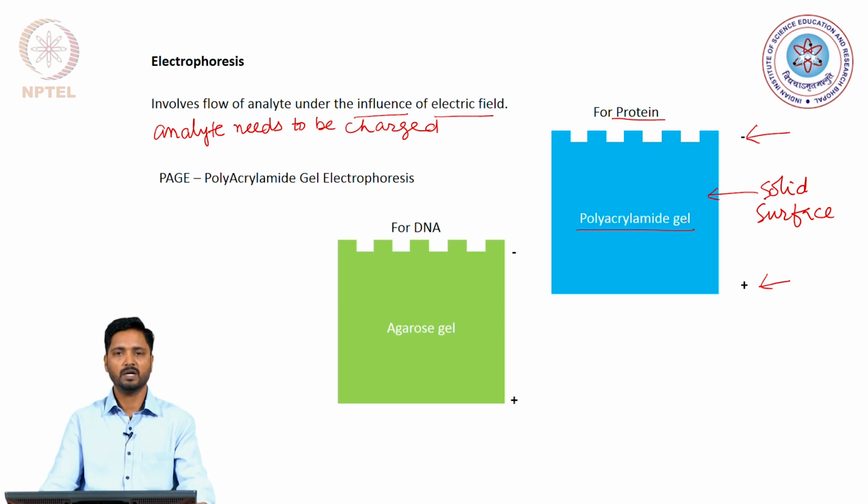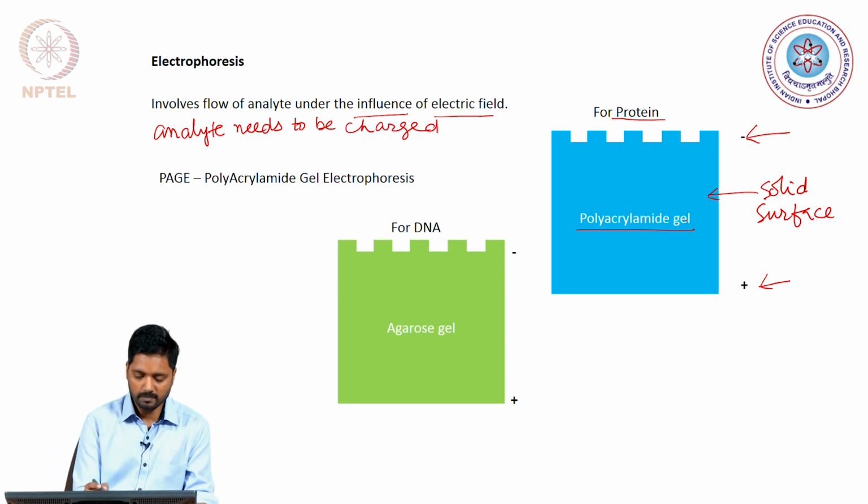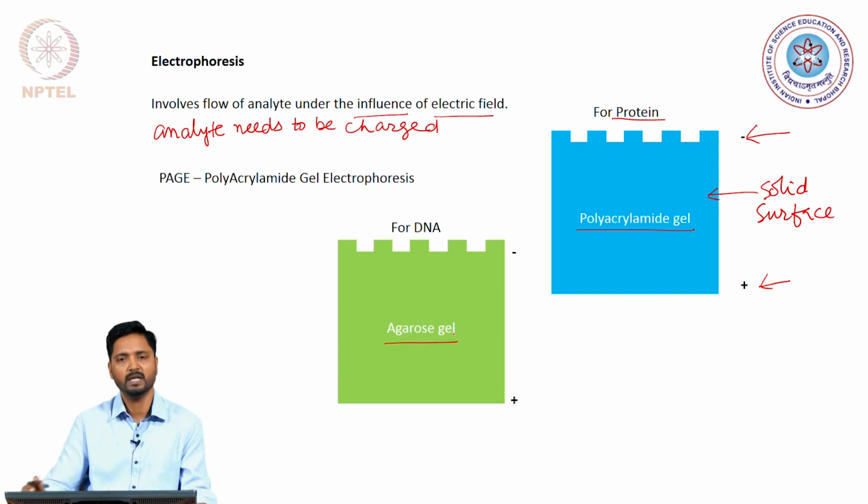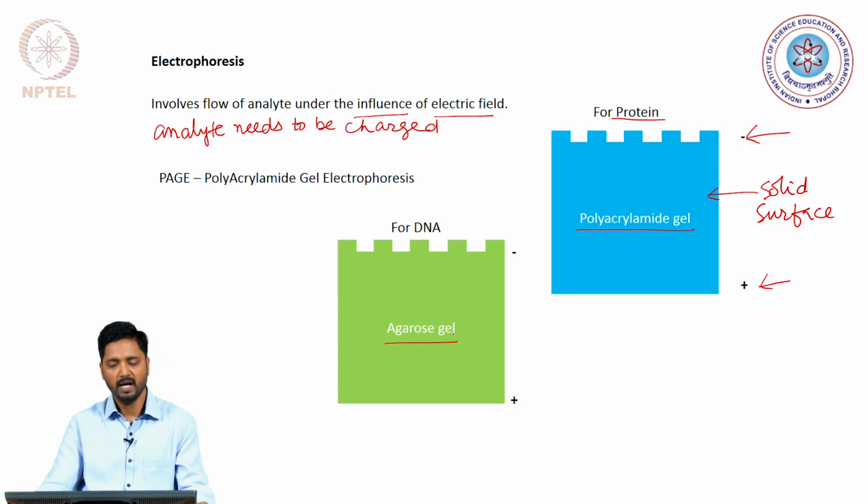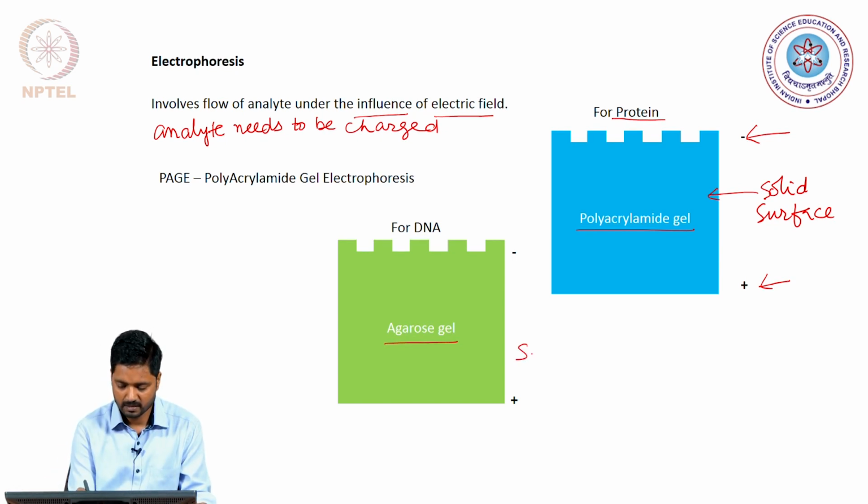Similarly, when we are talking about separating nucleic acids based on their molecular weight or the number of base pairs present, we use agarose gel for this purpose, and agarose gel is basically a polysaccharide gel which can be set through temperature changes.